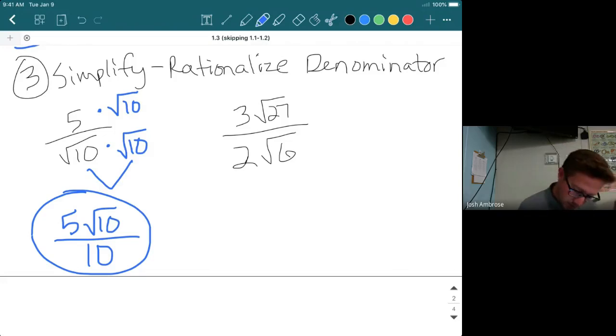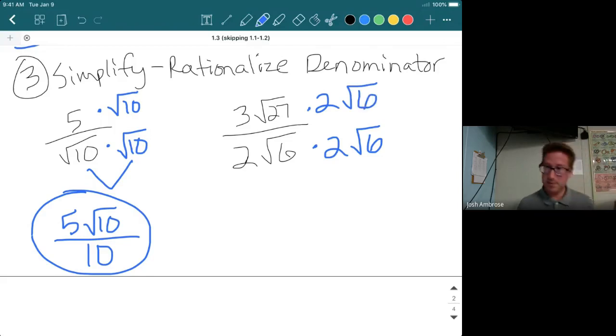So we will be multiplying the denominator by itself, right? We need to rationalize it. So let's multiply by another 2 radical 6. And then again, what you do to one side, do to the other: 2 radical 6. So here's what we've got. We have a 2 times a 2. There's 4.